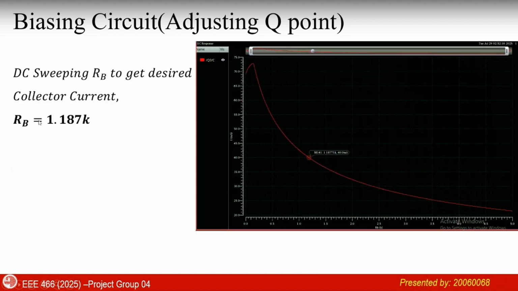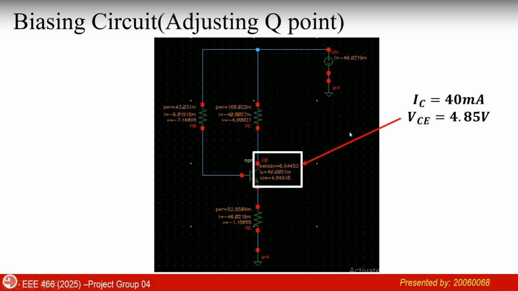For getting the base resistance, we are using a DC sweep, and from the DC sweep we found that for 40 milliamperes of current we need 1.187 kilohm base resistance. So here we can see finally our circuit is Q point adjusted.